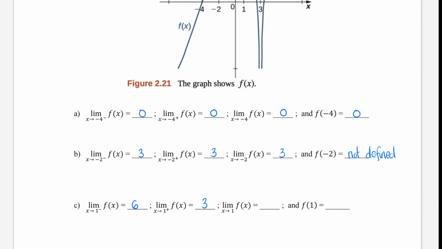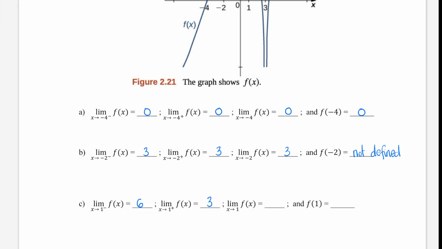To find the limit of f of x when x approaches 1, we check the left-hand limit and the right-hand limit. Are they equal? No. Since 6 does not equal 3, the two-sided limit does not exist.